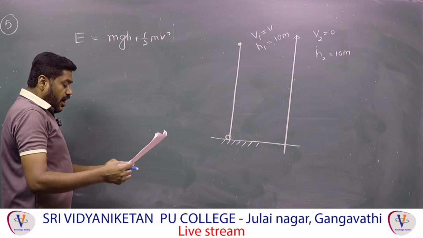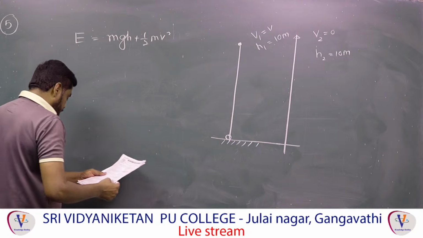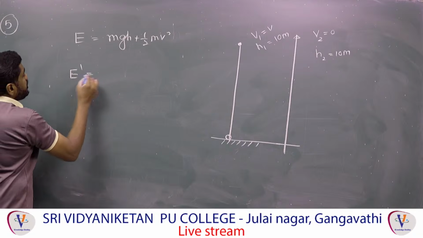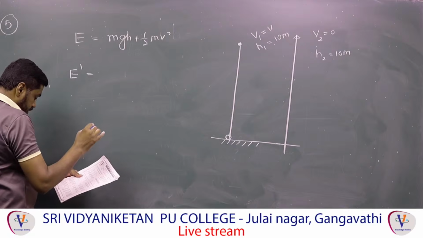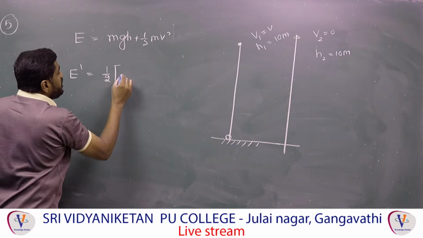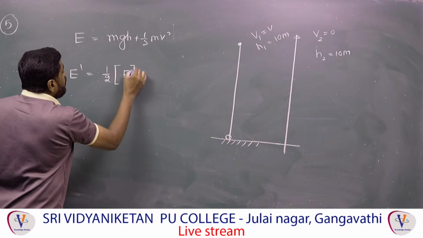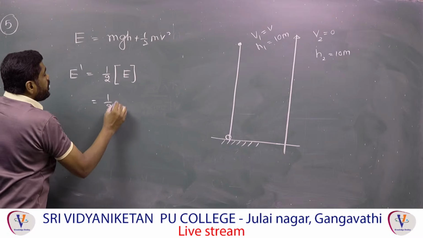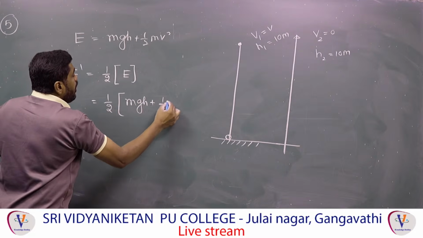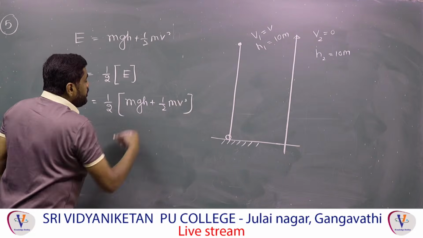It loses half of the energy. Therefore E dash, the final energy, is equal to half of the initial energy E, that is equal to half into mgh plus half mv square, correct?